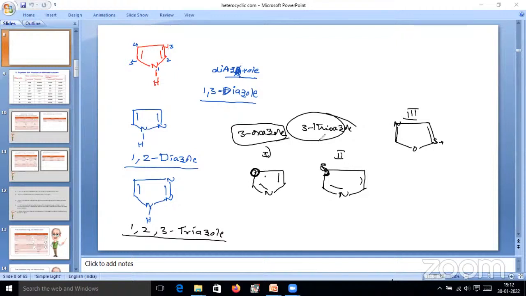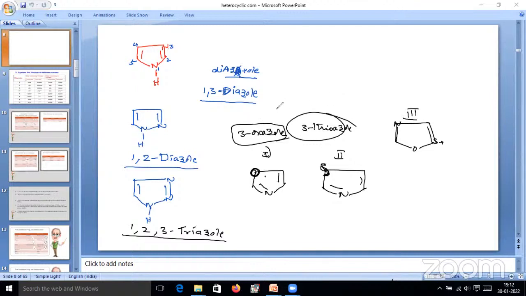Next one. 2-thio-4-nitroazole, sir. 2-thio-4-nitroazole. Okay.